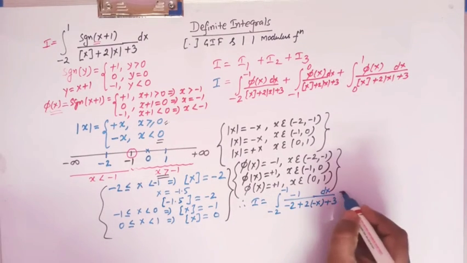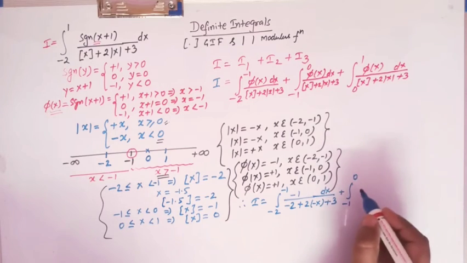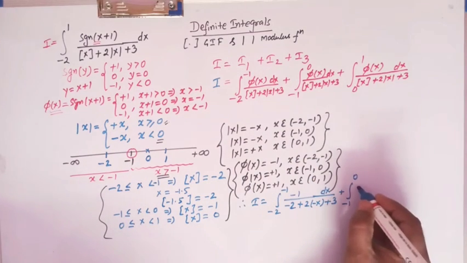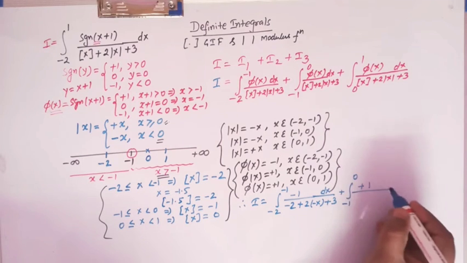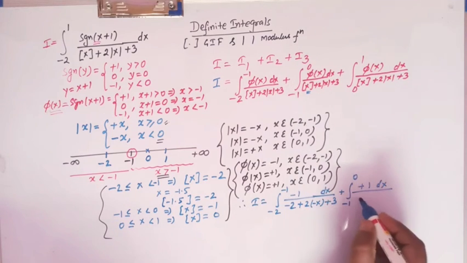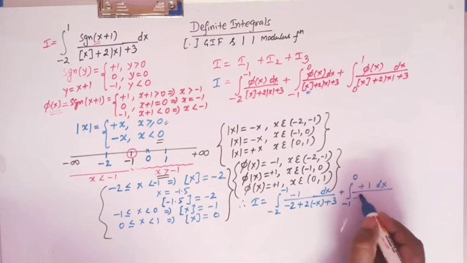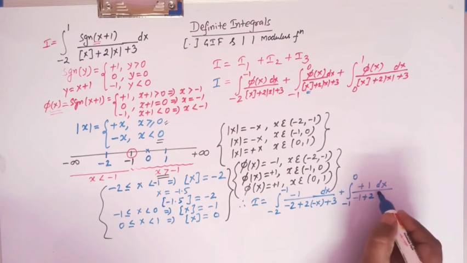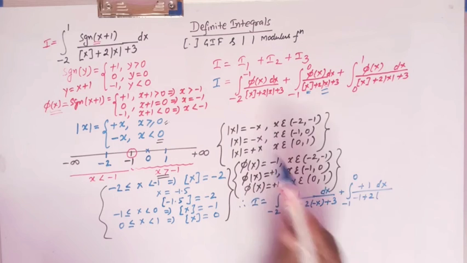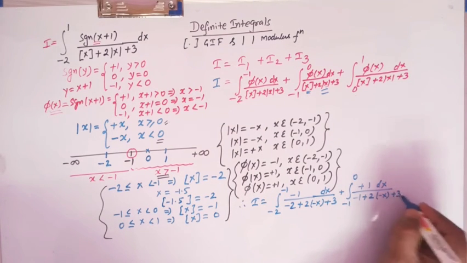And in the second integral we have -1 to 0, and for phi of x we have plus 1, and here we have dx, and for the greatest integer function we have -1, then we have 2 times mod x, which is equal to -x, and plus 3, right?